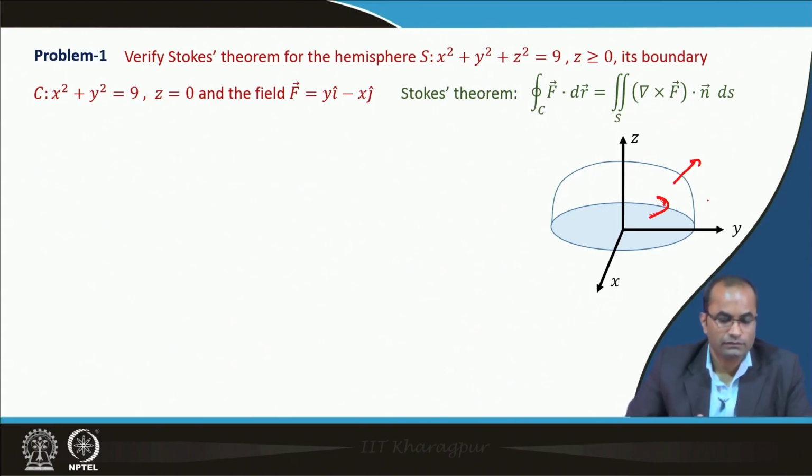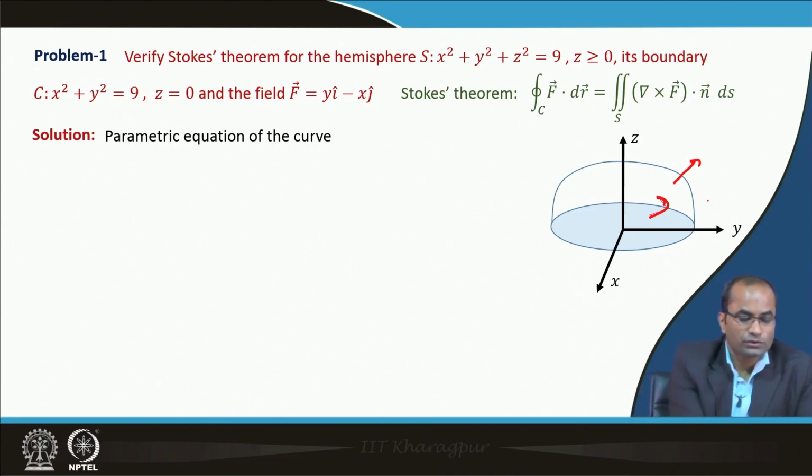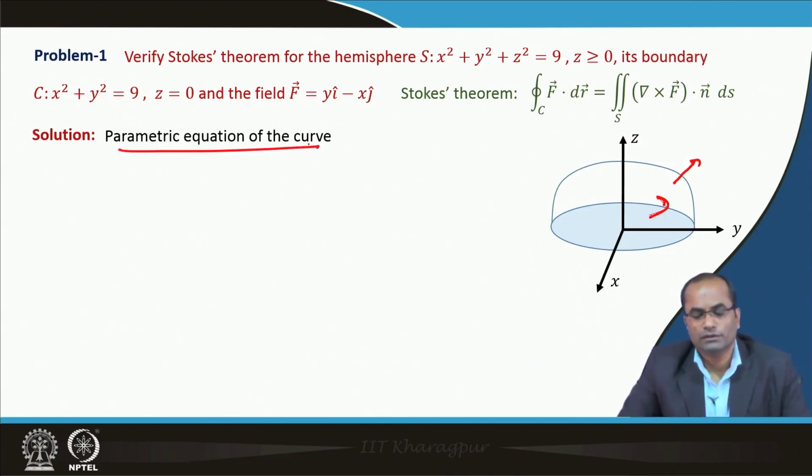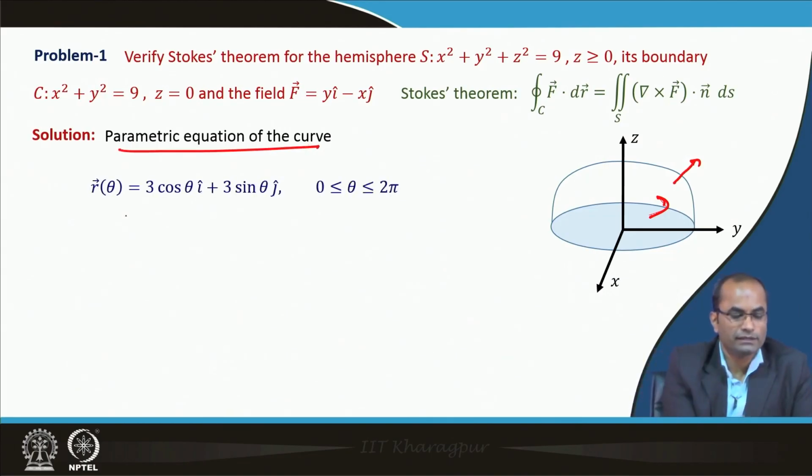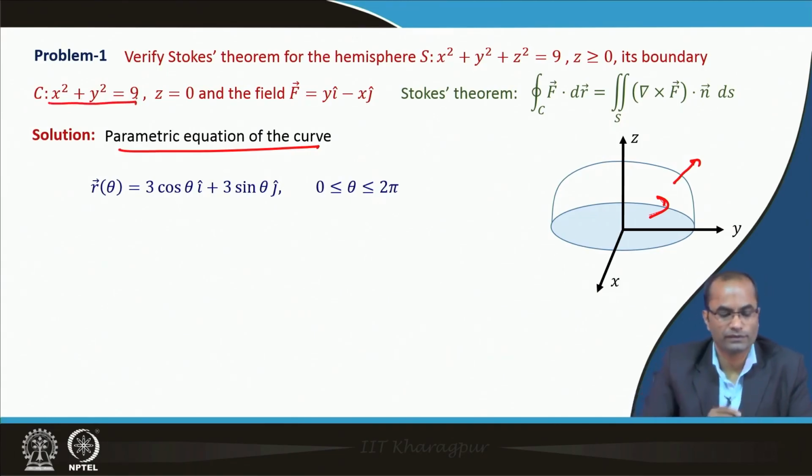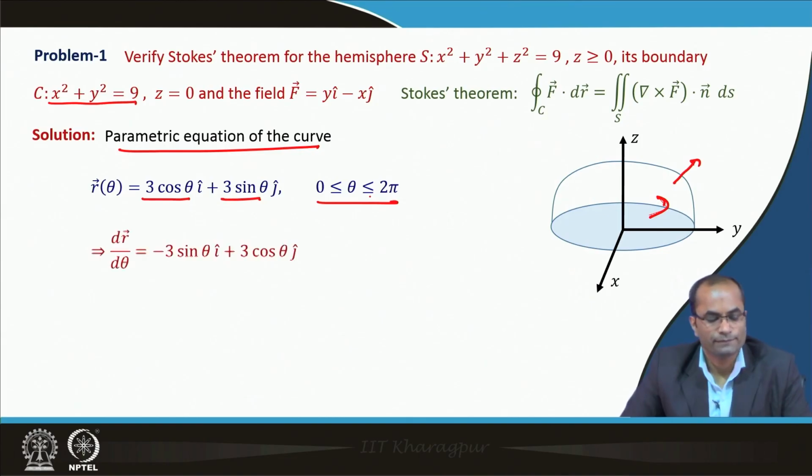The parametric equation of the circle we can easily write down. It was x squared plus y squared equal to 9, a circle of radius 3. So, r of theta is (3 cos theta, 3 sin theta), with theta from 0 to 2 pi.